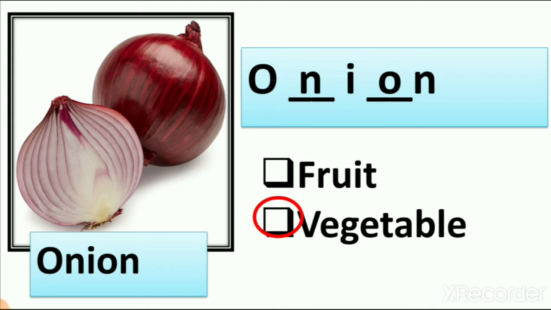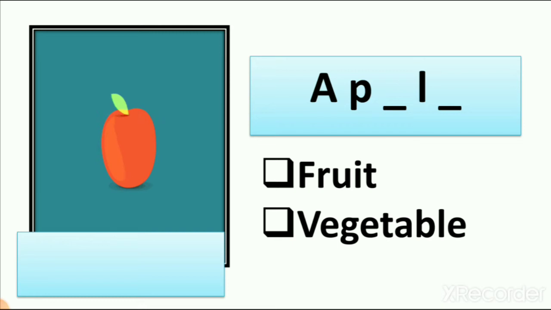Let's see what the next one is. Yes, I know you all know about this. Which fruit is it? Yes, apple. So when we start learning ABCD, we learn A for apple.